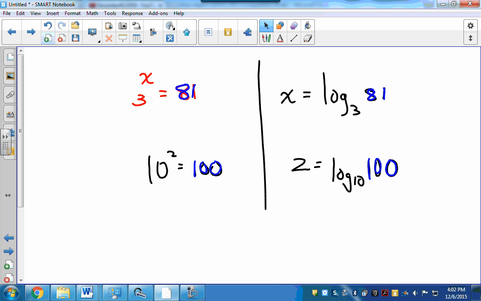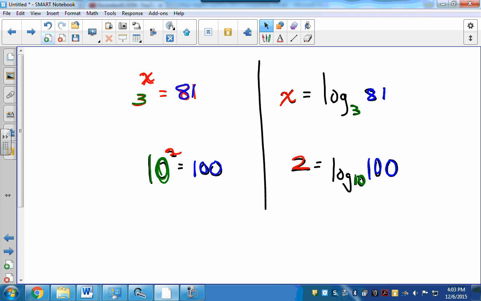The base, the small number below the log, is 10 in one case and 3 in the other, and that translates to the base of the exponential. And the logarithm itself, this 2, in this case it's x, 2 and x. Okay, so hopefully that helps a little bit.